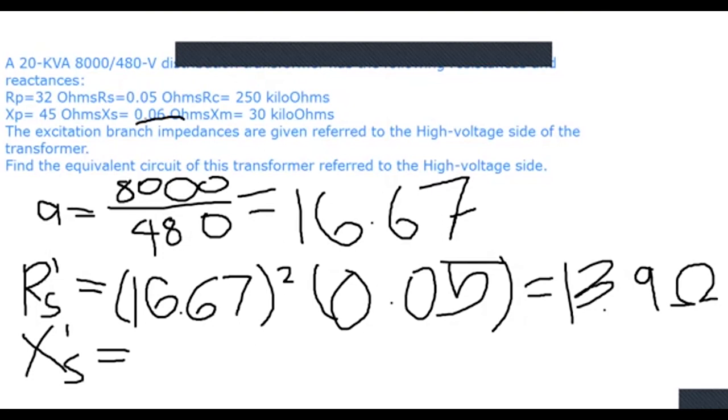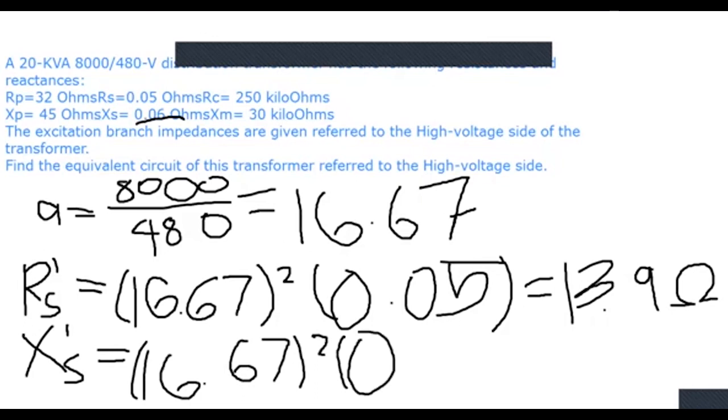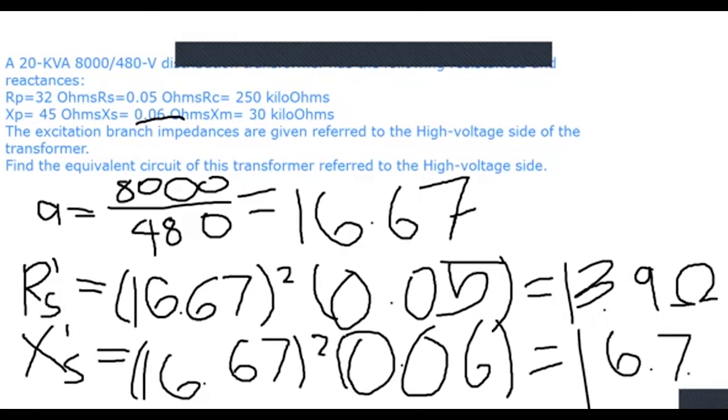Same thing, we square the turns ratio and multiply it by the reactance of the secondary coil. We can get 16.7 ohms. Now we have our secondary resistance and reactance as referred to the primary side.